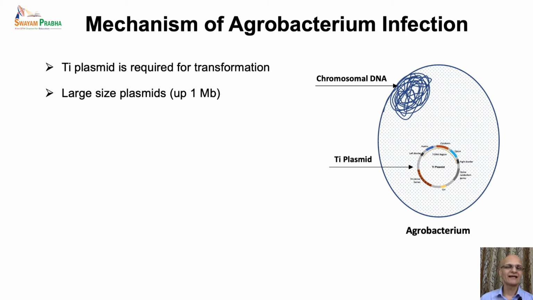And it carries a plasmid DNA in addition to the chromosomal DNA. We also learned that these plasmids, that is the Ti plasmid or the tumor inducing plasmids, are required, or this is essential, to cause the transformation event and hence the disease. So presence of Ti plasmid is required for the transformation process.